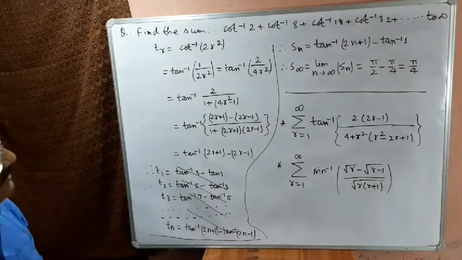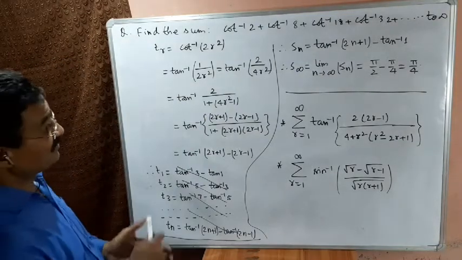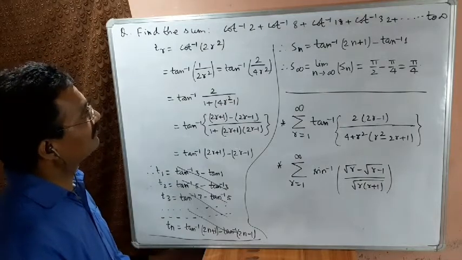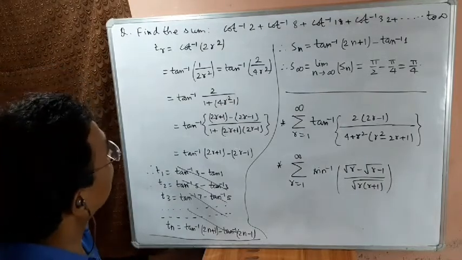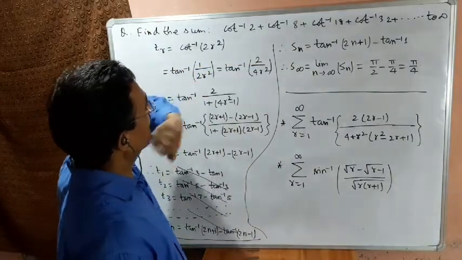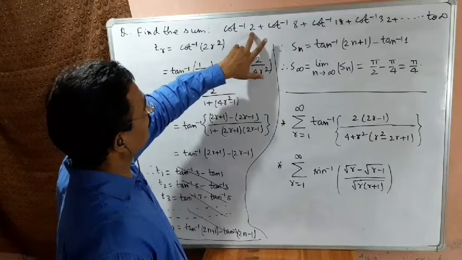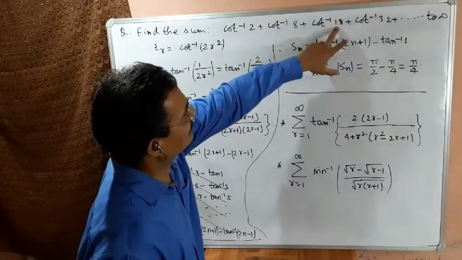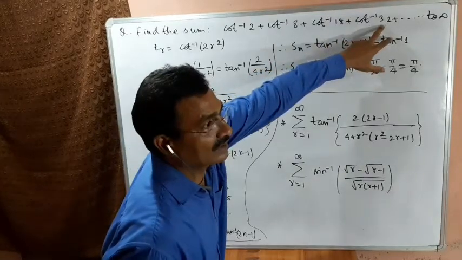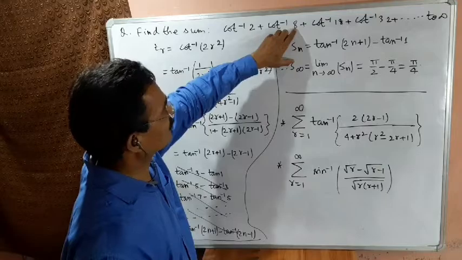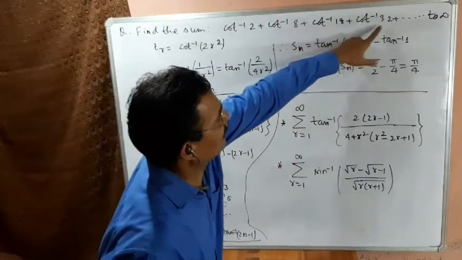So if by hit and trial we may find some way, it would be better. We can see 2, 8, 18. So this can be written as 2 into 1, 2 into 4, 2 into 9, 2 into 16. That is 2 into 1 square, 2 into 2 square, 2 into 3 square, 2 into 4 square.